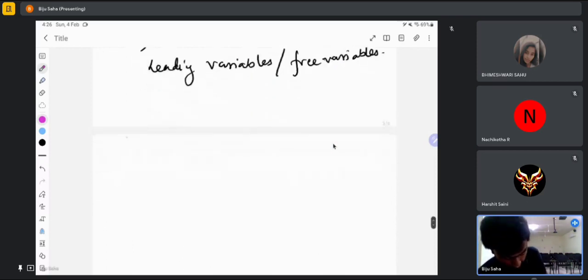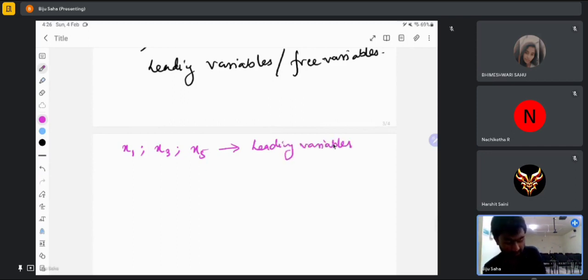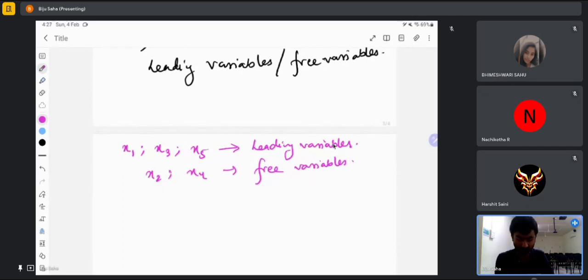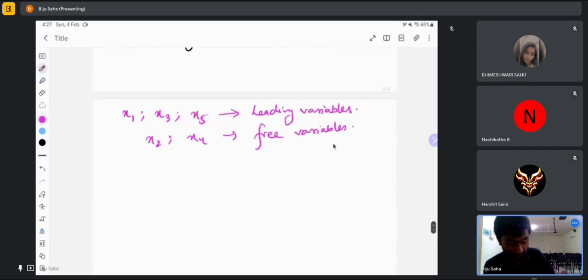So right now we have x1, x3 and x5 to be leading variables, and the remaining others are the free variables. So x2 and x4 are the free variables. Given any value of the free variables, you can obtain the corresponding values of the leading variables. So you're free to choose any value of the free variables.